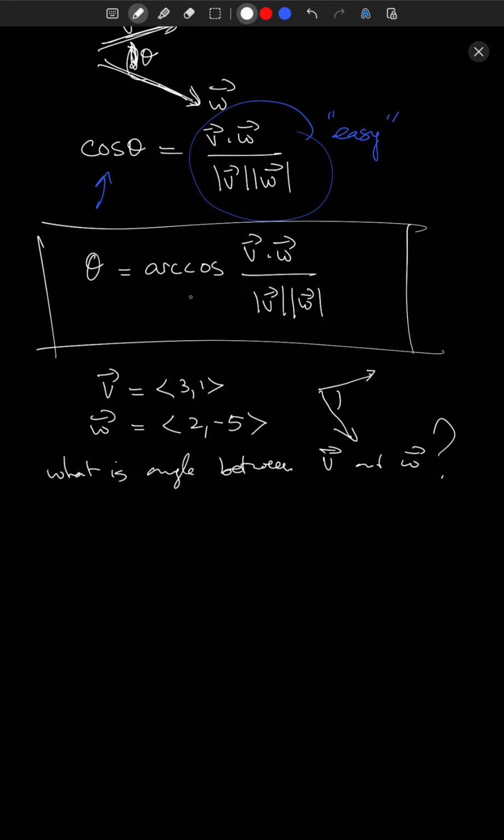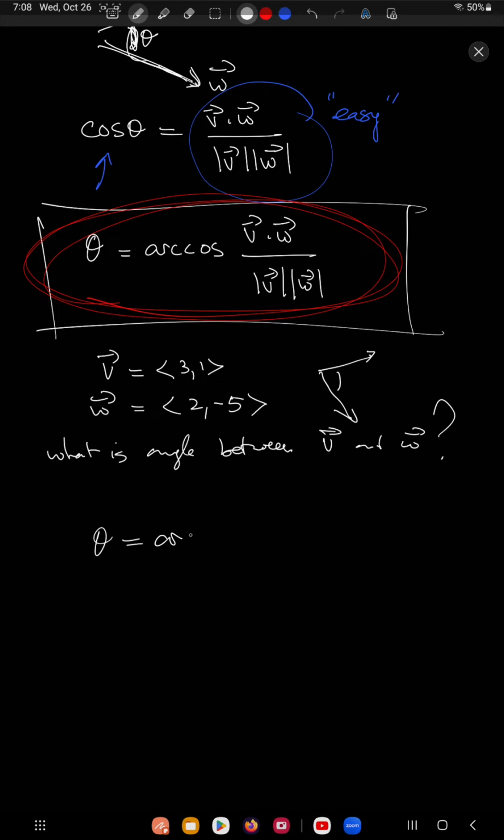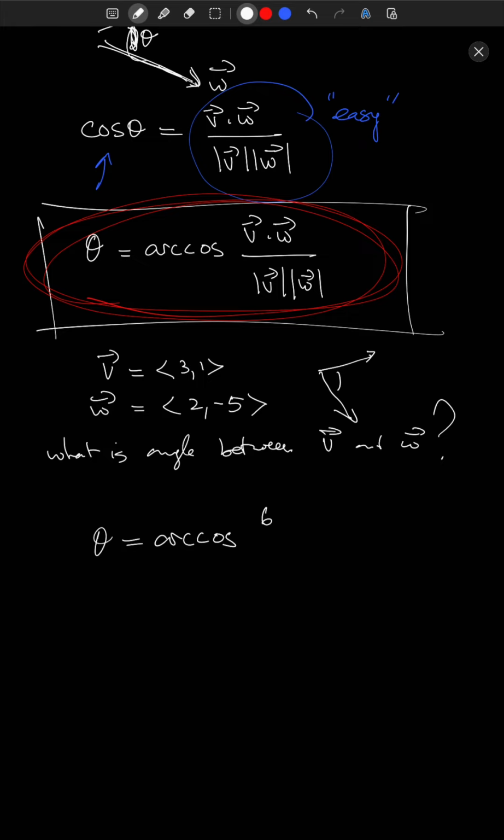However, if I understand this formula above, this relationship between the dot product and the angle, then I instantly get it. Theta is equal to arc cosine of v dot w over length of v, length of w. Let me write it in 2 steps. I just calculated v dot w: 3 times 2 plus 1 times minus 5, which is 6 minus 5, positive 1.